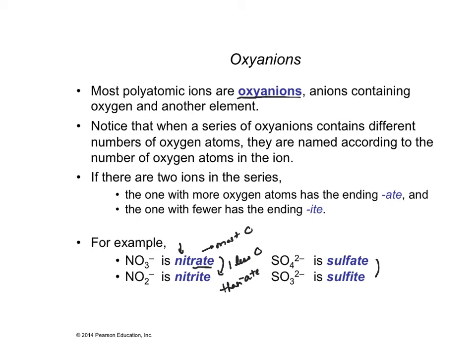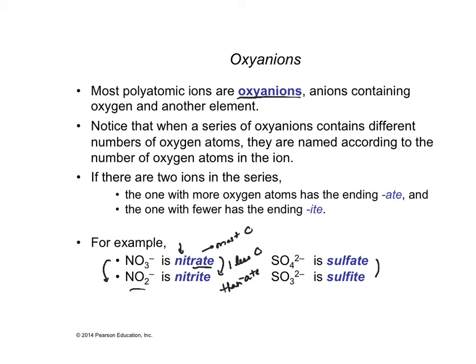If I have memorized what nitrate is, then I can always figure out what nitrite is by knowing that it has one less oxygen than the -ate. Okay? So nitrite is NO2 1 minus, nitrate is NO3 1 minus. Again, they all have the same charge with respect to the overall charge of the ion.